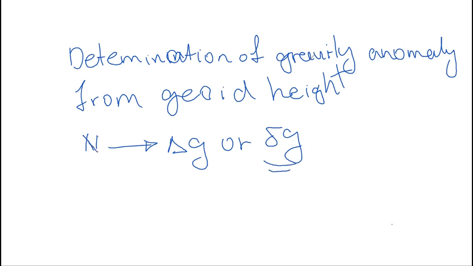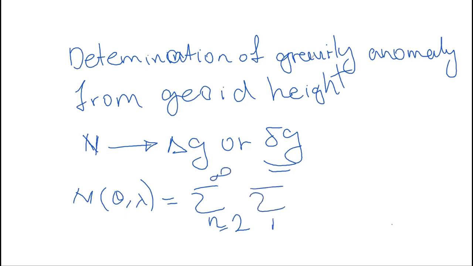So let us write the equation, the spherical harmonic expansion for the geoid. We already have that: summation from 2 to infinity, and we are at the surface of the sea, so we do not have a damping factor.